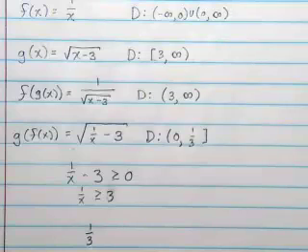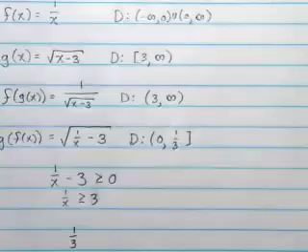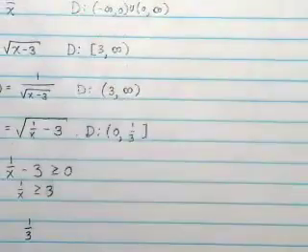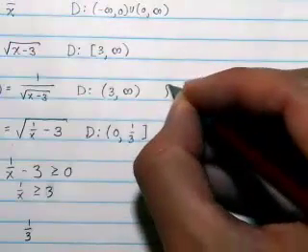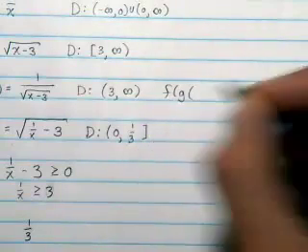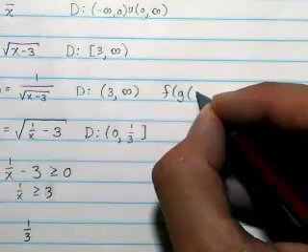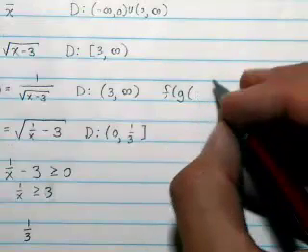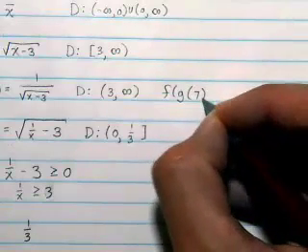One other thing that I wanted to do, just so you have practice doing it, it's pretty simple, but we're going to use this example as a way of doing it. Let's say I wanted to know f of g of, let's do, how about 7?